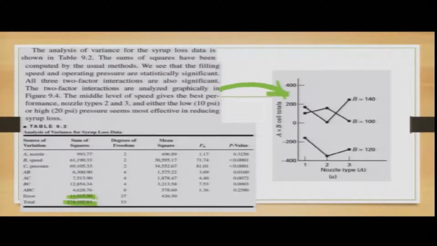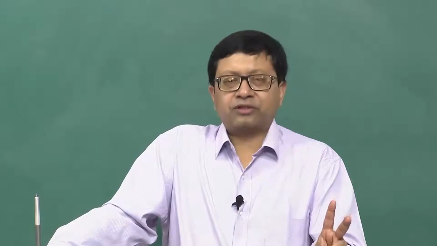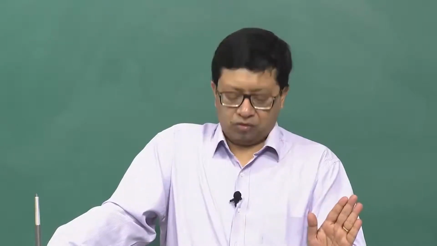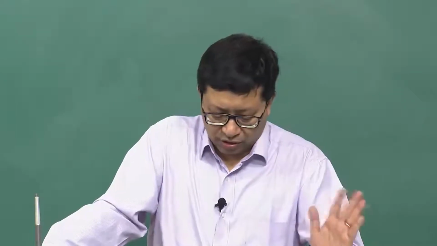The degrees of freedom are given accordingly: for 2 factors it will be 2 into 2, it is 4, and when you have all 3 factors combined, you will have 8, because it will be 2 into 2 into 2, not the 3 parts, sorry.